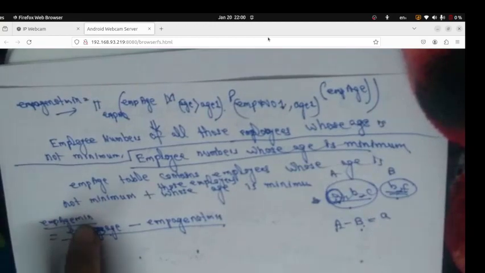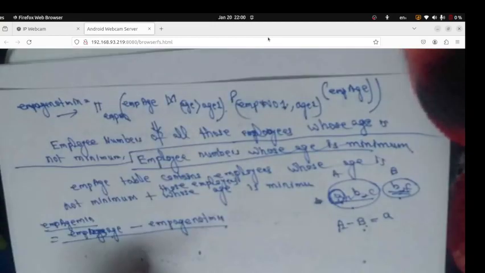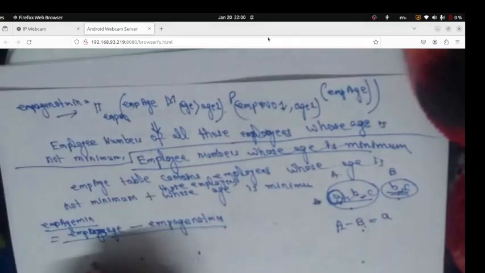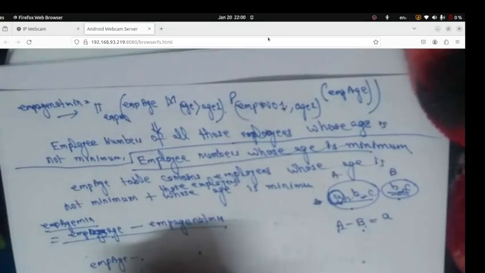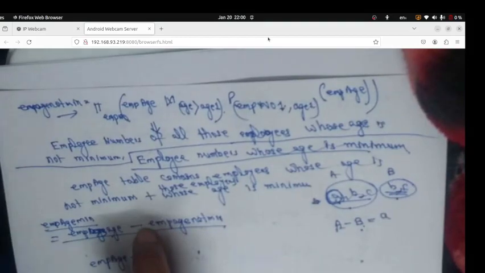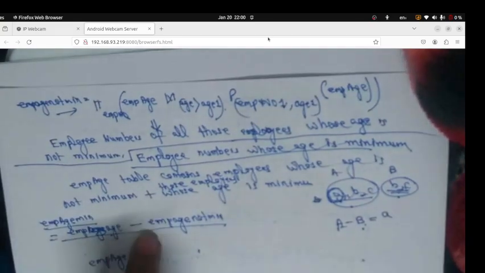So if we do the relational algebraic operator, we give a name for simplicity, but we can write it in this way: employee age minus, and here if we do the set difference operator, obviously they must have the same set of attributes.